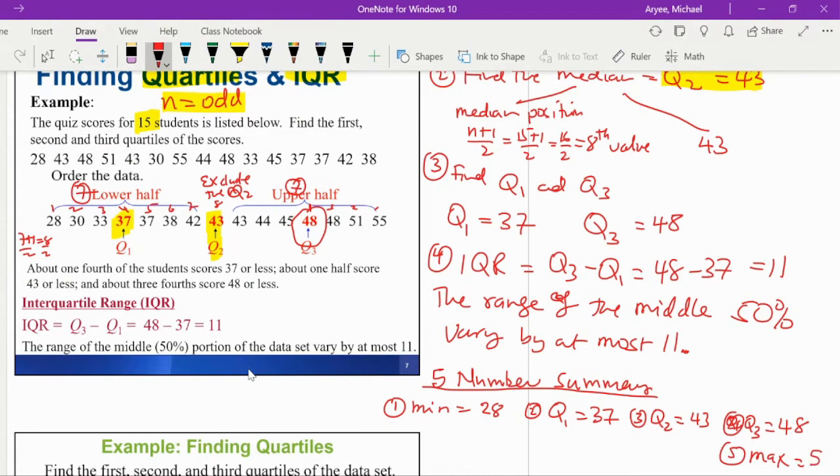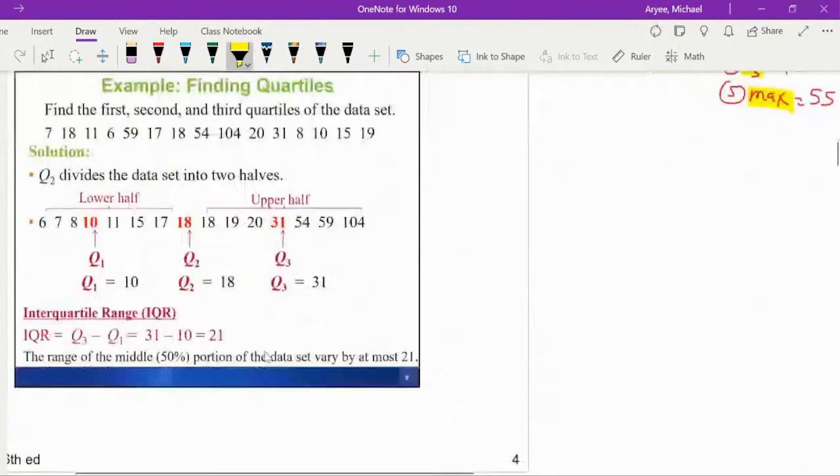The maximum of this data is 55. So if a question asks you to find the 5 number summary from any given data set, then take note that they're asking you for the minimum, Q1, Q2, Q3, and then the maximum. So please take note of that.